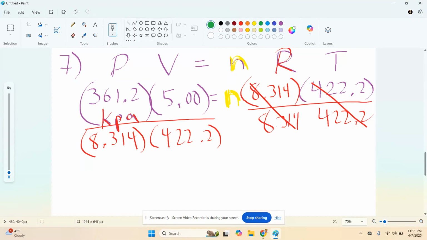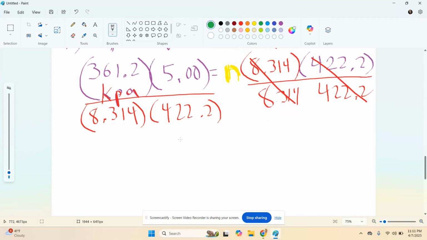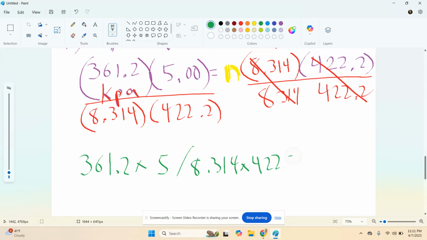I will tell you what the most common mistake is that students make when trying to solve this kind of equation. They go to their calculator and plug in 361.2 times 5 divided by 8.314 times 422.2, and there is a problem.